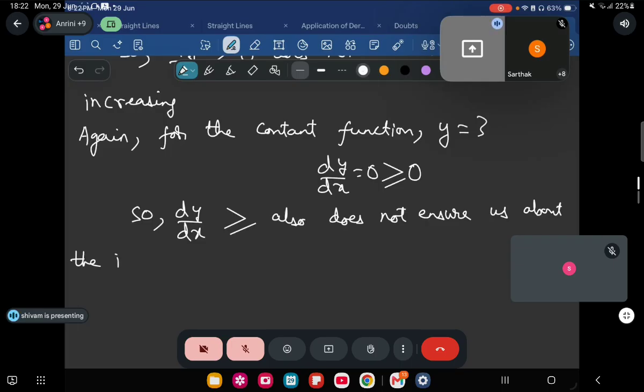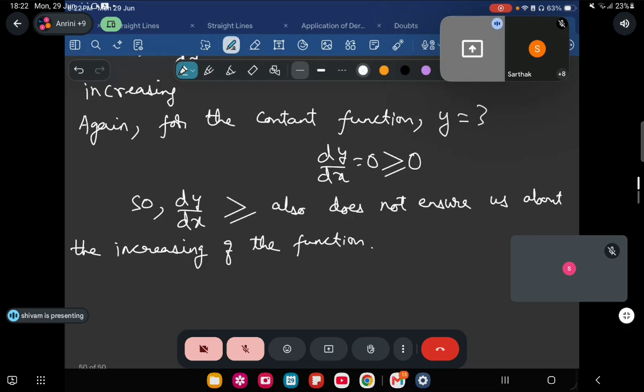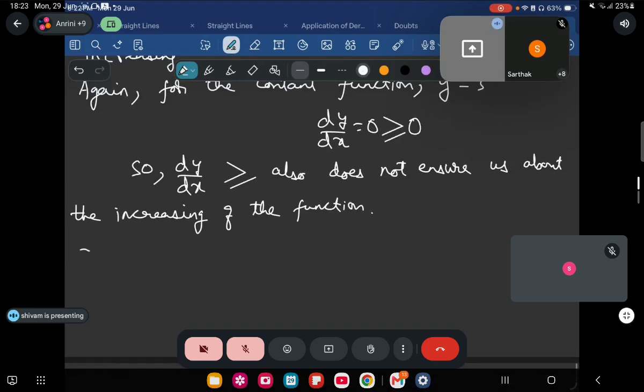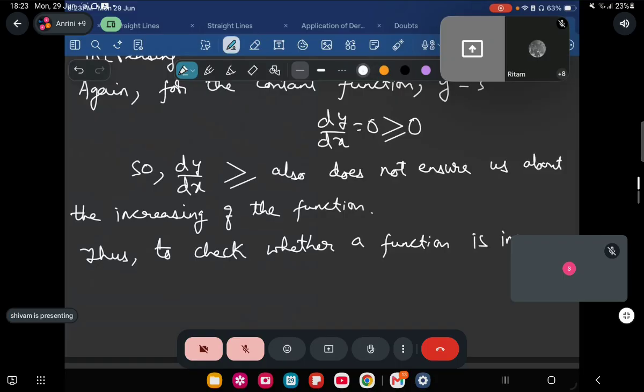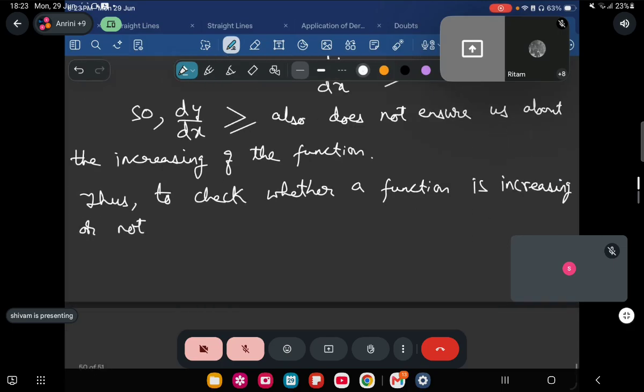Thus, in order to check whether a function is increasing or not, we need to check two things.